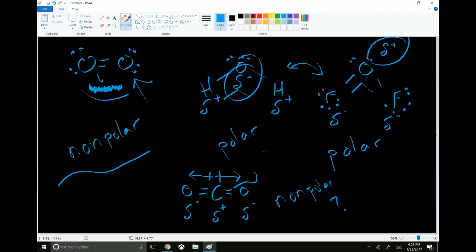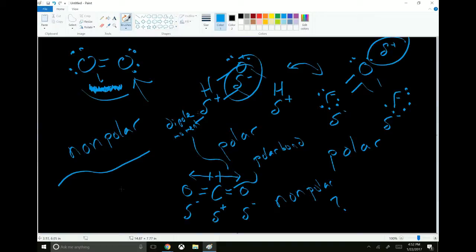So this right here is a polar bond. This right here represents the dipole moment, and that's a rather fancy term. It's actually possible to calculate a dipole moment.